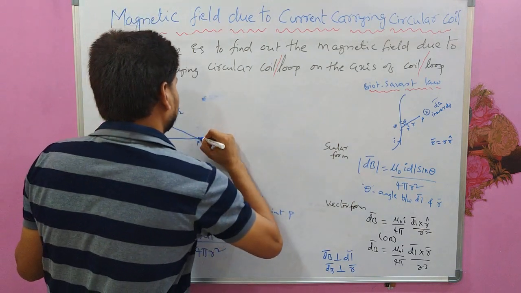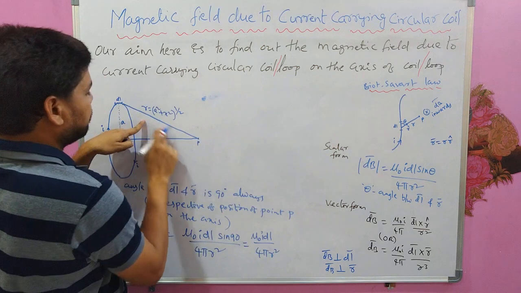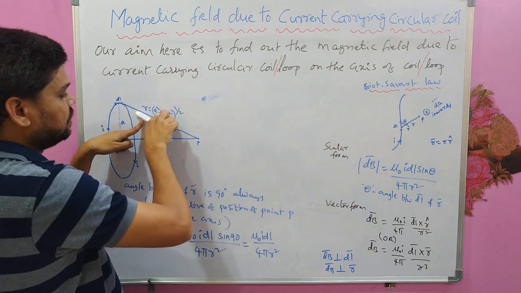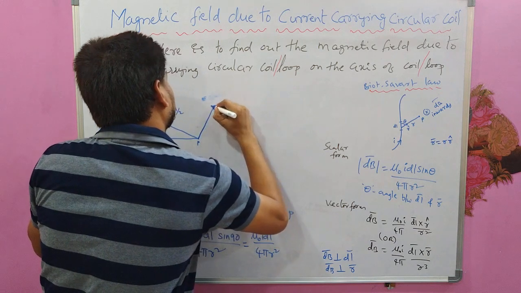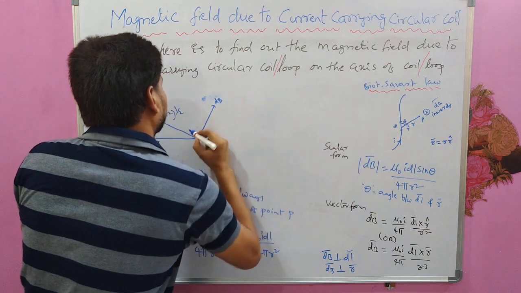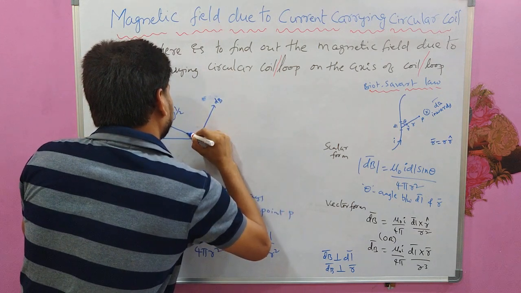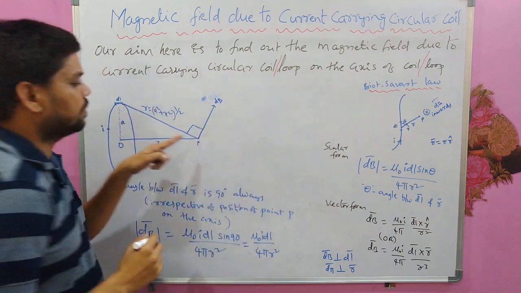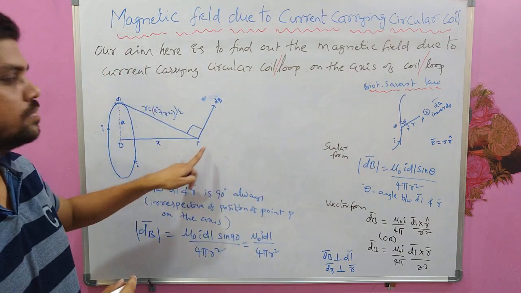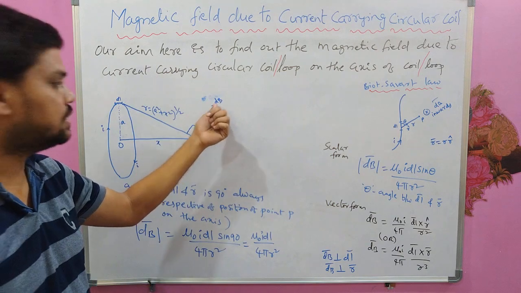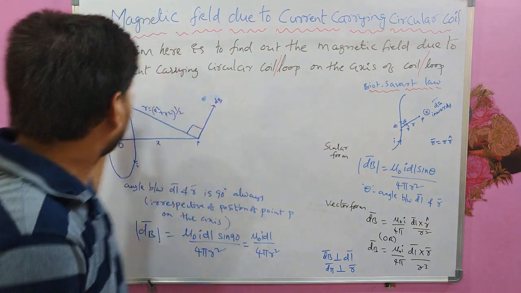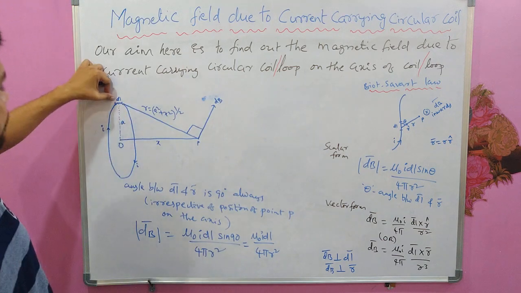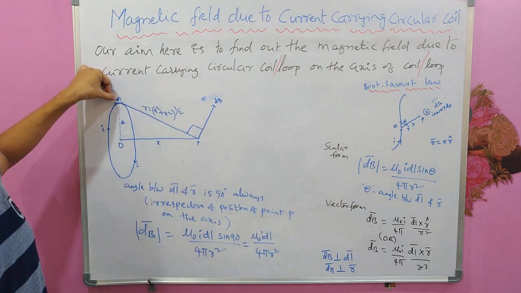This is 90 degrees with this R, which means this is dB and this is 90 degrees. What is this direction? This is the magnetic field direction produced by a small length element DL considered here.